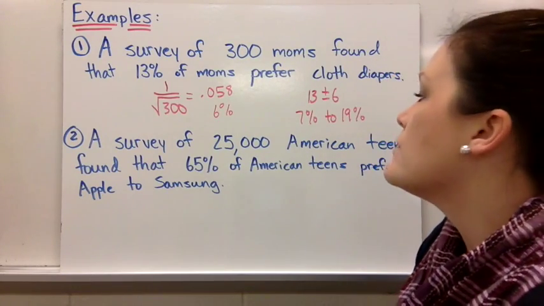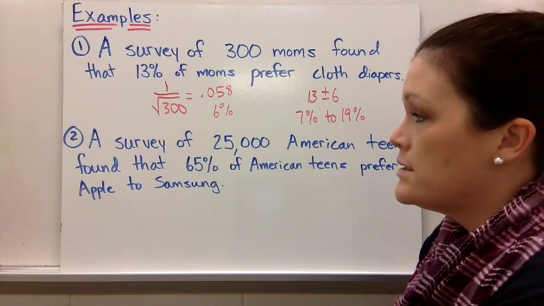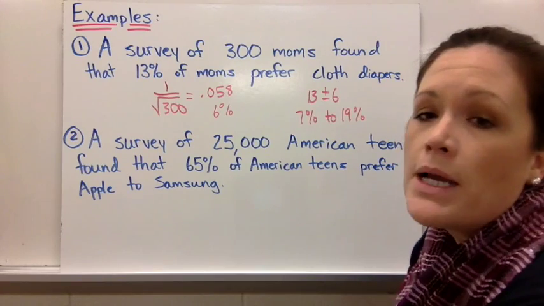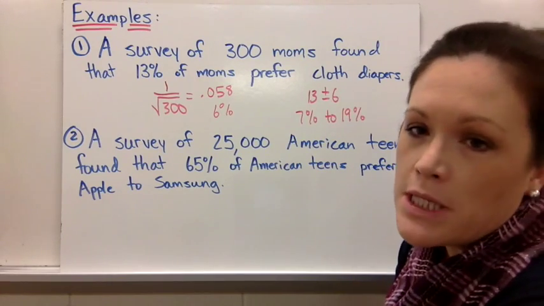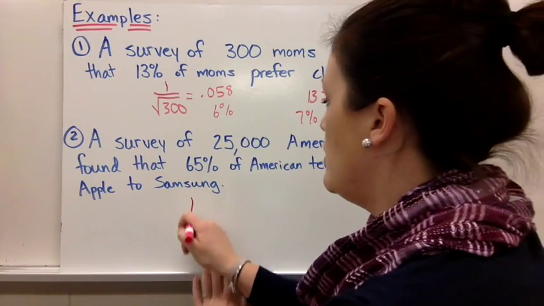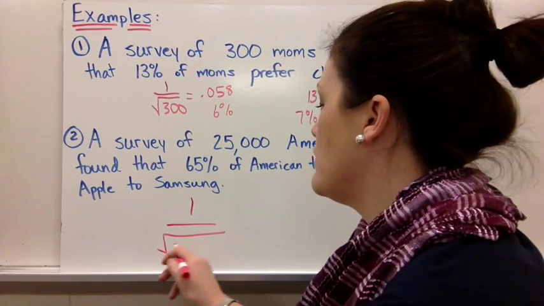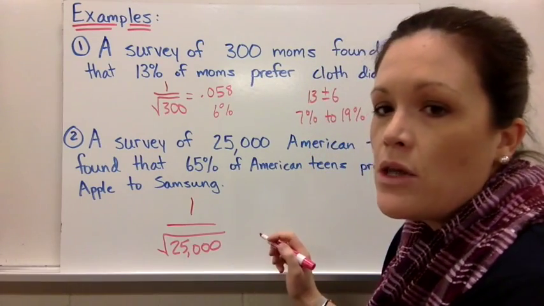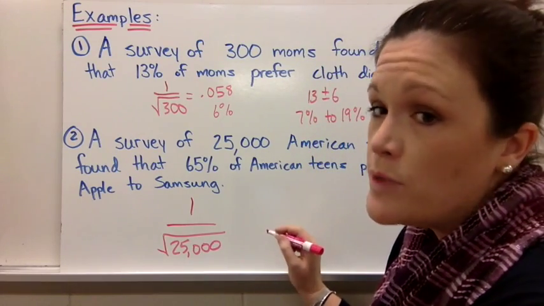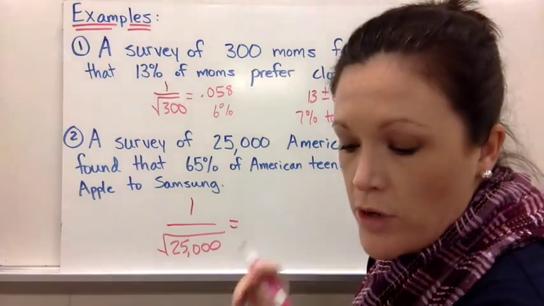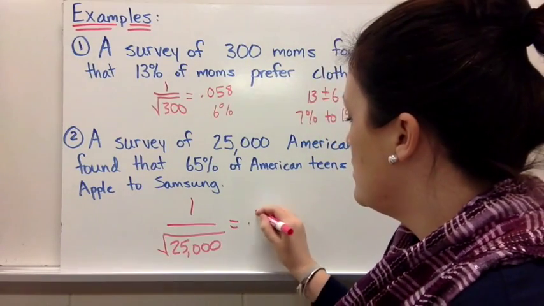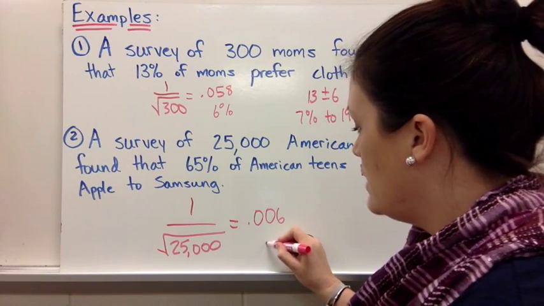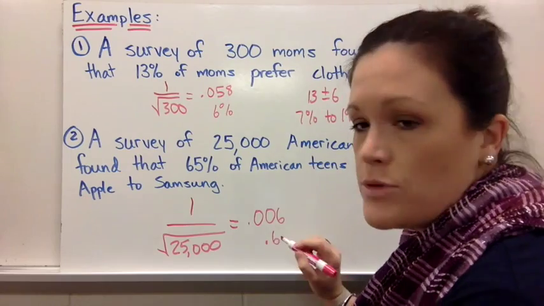Now what about a survey of 25,000 American teens that found that 65% of American teens prefer Apple to Samsung? Again, I made that up, but let's just pretend like it's true. So let's say 1 over the square root of 25,000. Notice that sample size is really large, so our margin of error should be really small, which it will be. So I've already calculated that's 0.006. So our margin of error is only 0.6%, which is really good.